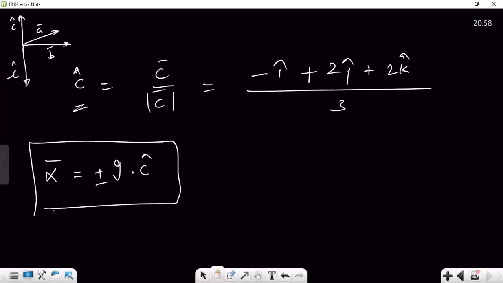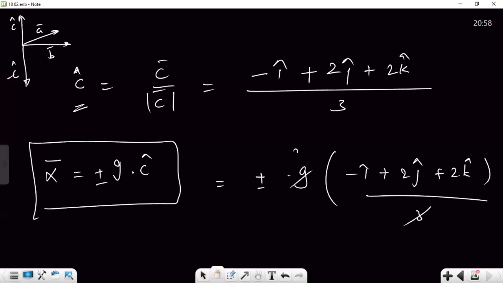Is that clear? Yes or no? Clear or no? Should I repeat? Clear, sir. Okay. Then plus minus 9 into minus I cap plus 2j cap plus 2k cap divided by 3. 3 cancels 9 by 3. So this becomes plus minus, minus 3 I cap plus 6 j cap plus 6 k cap.